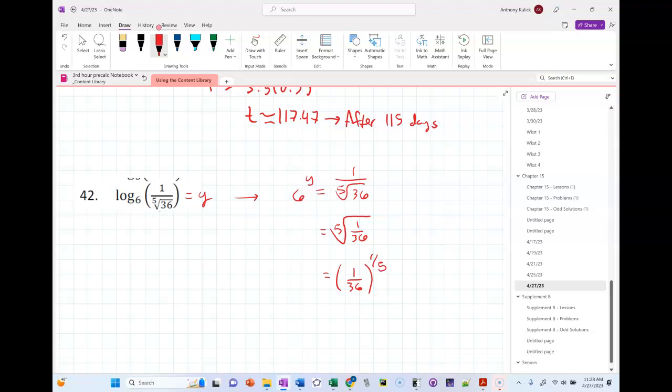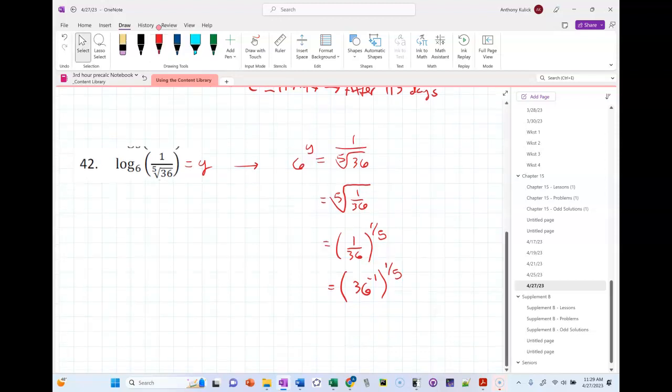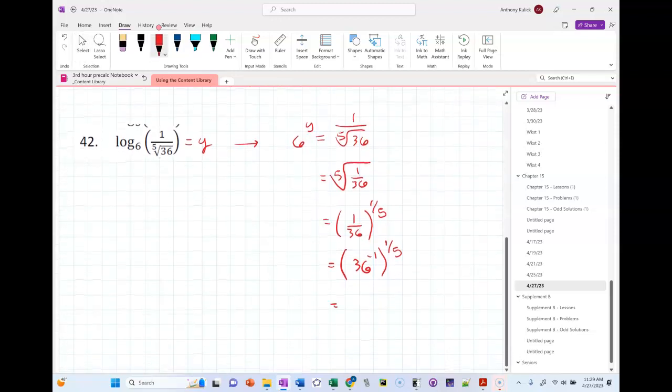And now I need to rewrite 1 over 36 as a power of 6. So I know 36 to the negative 1 is the same as 1 over 36. That'll get rid of the fraction part for me. And then I should recognize 36 is 6 squared.